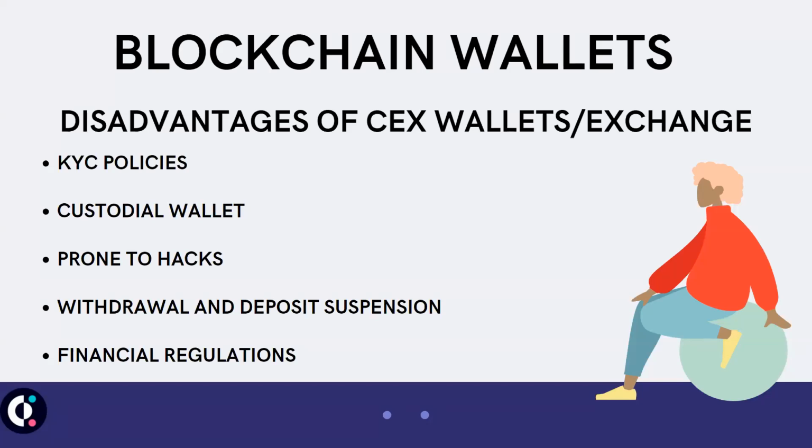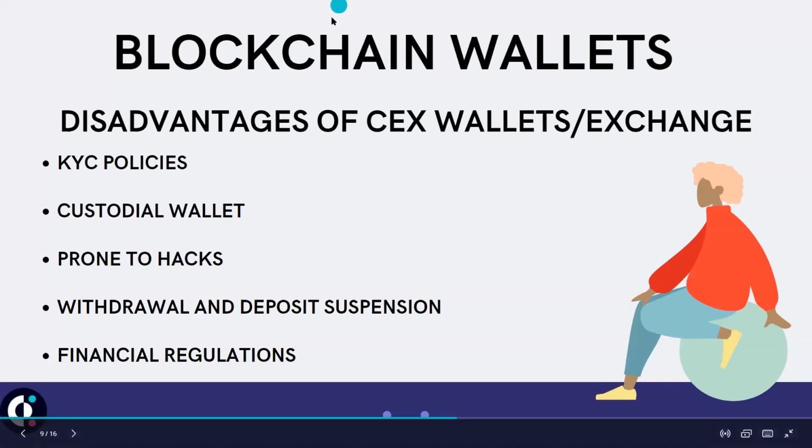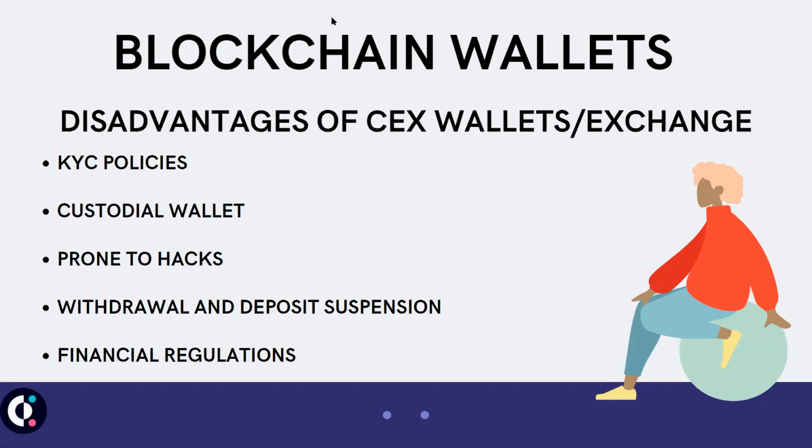Just like with Binance, now we cannot trade Nigerian currency, which is the NGN. We can't use our cards to purchase some cryptos in Binance because it's banned. So this might also affect centralized wallets. Let's go to the next slide, please.